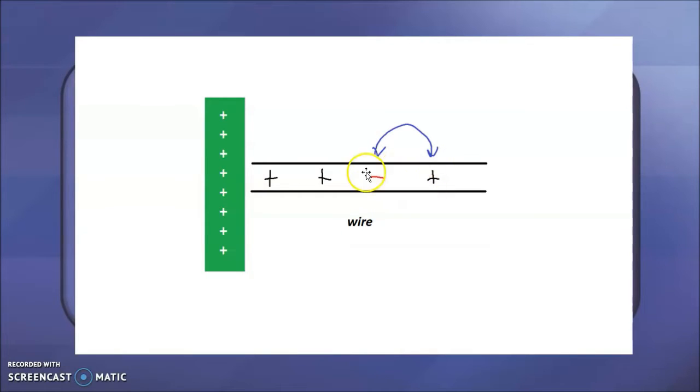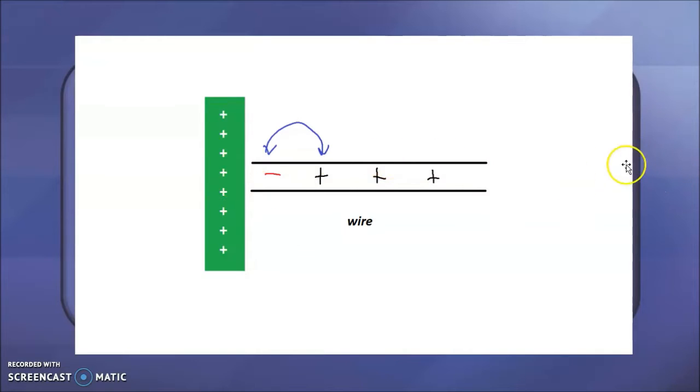These two switch, and now this negative charge is one step closer to the positive charge. But it's not good enough, so they will continue to move. The negative charge switches with the next positive charge and gets closer, and eventually this negative charge is going to be attracted to the positive rod.